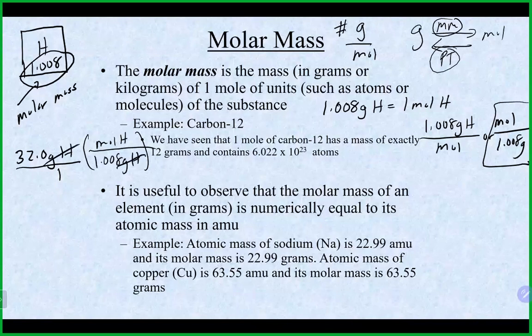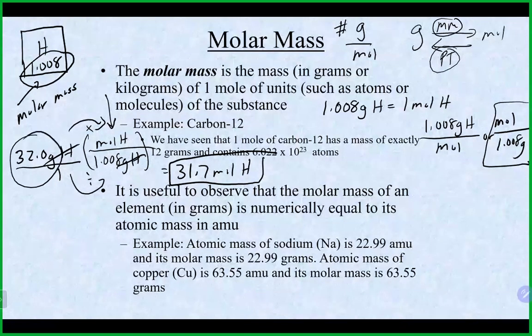The grams of hydrogen are going to cancel. We're going to multiply and then divide there. Grab my calculator here. We'll go 32 divided by 1.008. Going to get me 31.7 moles of hydrogen in this case. By the way, this would be considered an exact number, so significant figures right there is probably where you should look, which would be 3 significant figures in this particular case.